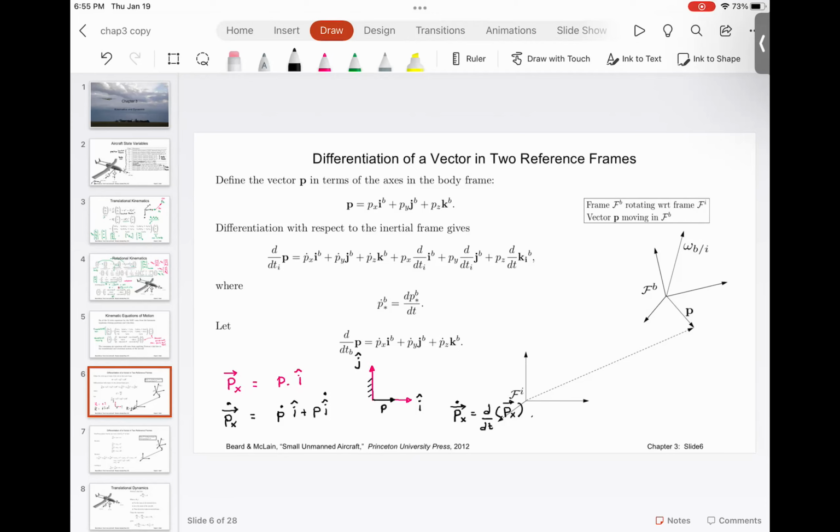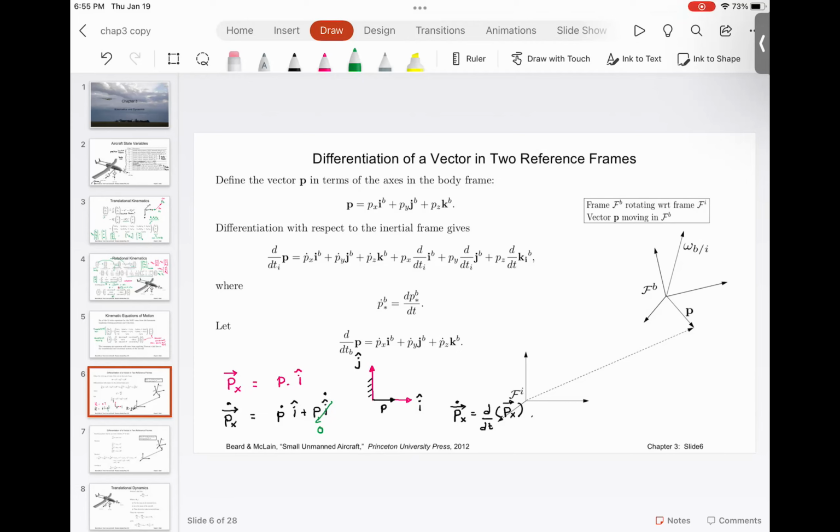If this frame is fixed, clearly I could have a change in the magnitude, but the direction is not going to change, which means the derivative I dot is going to be 0. Do you agree with me? This is very simple. If I have a vector whose direction is not changing, then the rate of change of displacement is velocity. Are you okay with this concept?